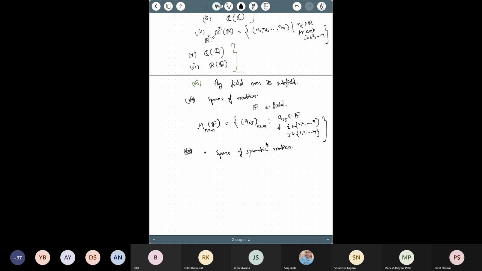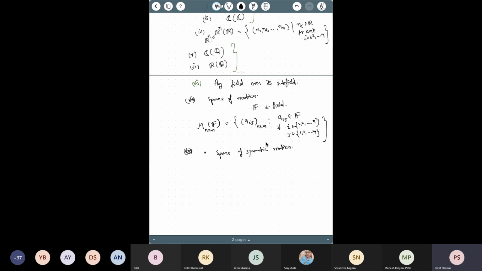Now, is it over the same field? I mean, you have to define this now. What field should you take? Real. Space of symmetric matrices, so the field is R. So you are saying all real symmetric matrices over R. So that is the vector space.